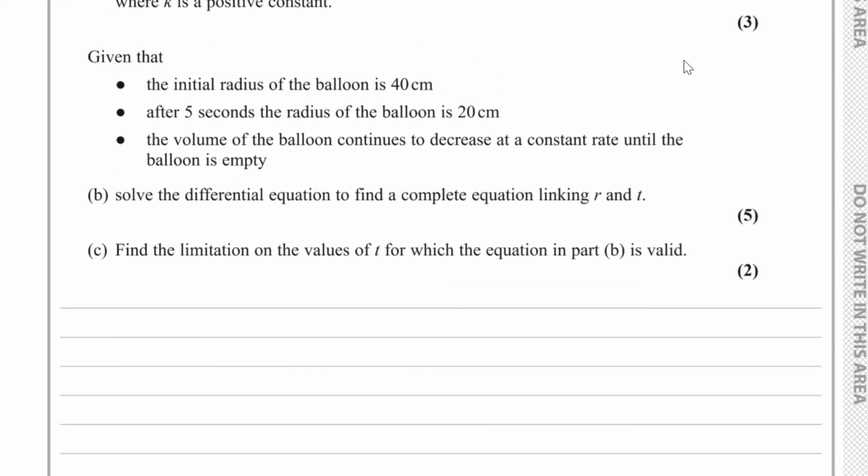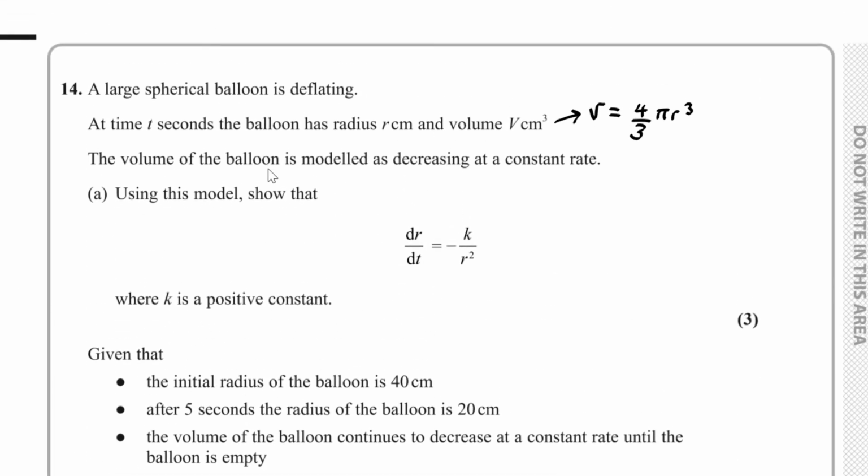Okay, so let's just write this down for part A. We've got V, which is equal to 4/3 pi r cubed. And with this, we want to find out what dr over dt is. So that suggests to us that we're going to use the chain rule. And if you look in the question, we're told that the volume of the balloon is decreasing at a constant rate.